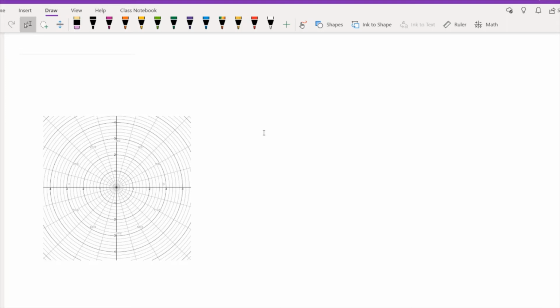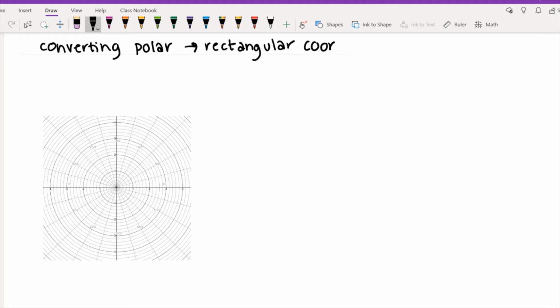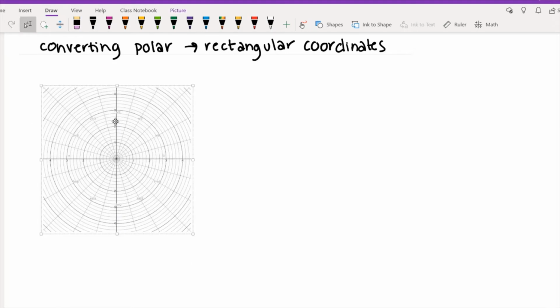Okay, so now we're going to be converting points the other way, from polar to rectangular coordinates. So we'll start with an example. Let's say we have the point (3, π/6).